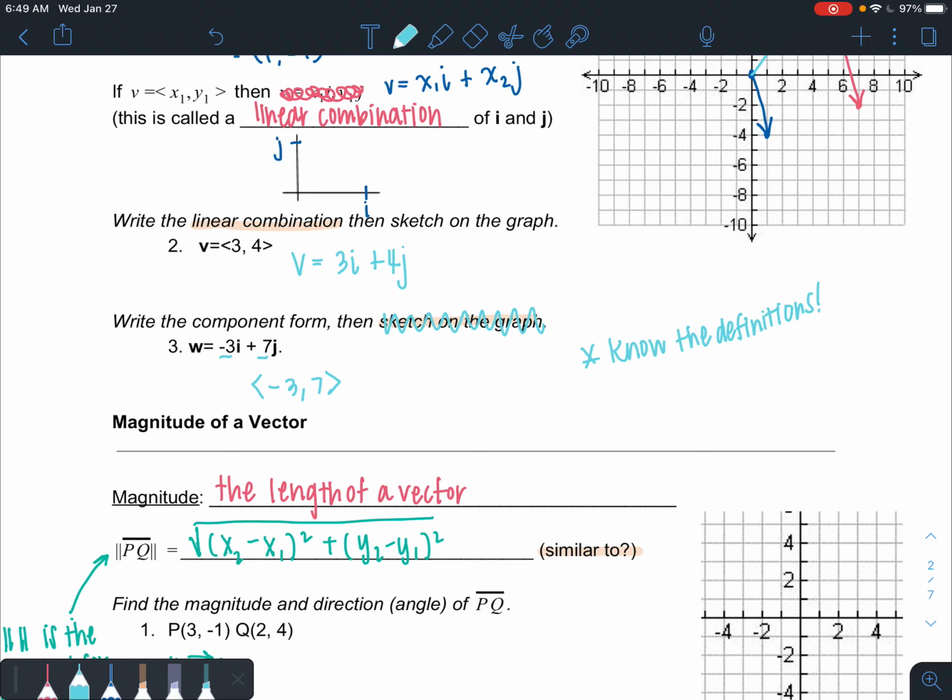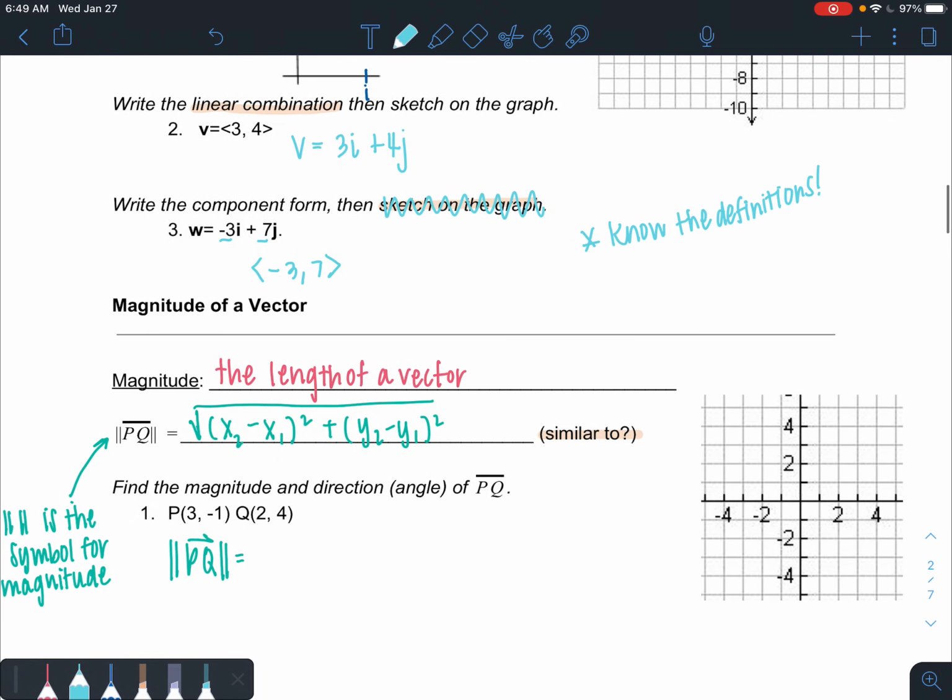Finally, we're on the magnitude of a vector. Okay, so magnitude is the length of a vector, where these symbols, those kind of double absolute value bars, it's not absolute value, is a symbol for magnitude. Okay, so that's equal to the square root of x2 minus x1 squared plus y2 minus y1 squared.